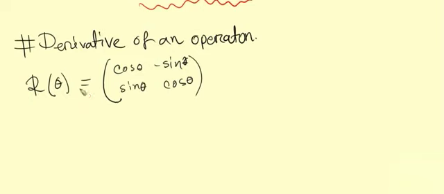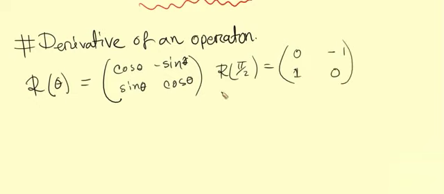That is, if you take pi by 2, R of pi by 2 will be cos pi by 2, which is 0, sin pi by 2 is 1, so there is a minus, that will correspond to minus 1, and you will have sine of pi by 2, that will correspond to 1, and finally here you will have a 0. So as you change the parameter, the values of the elements in the matrix are also changing.